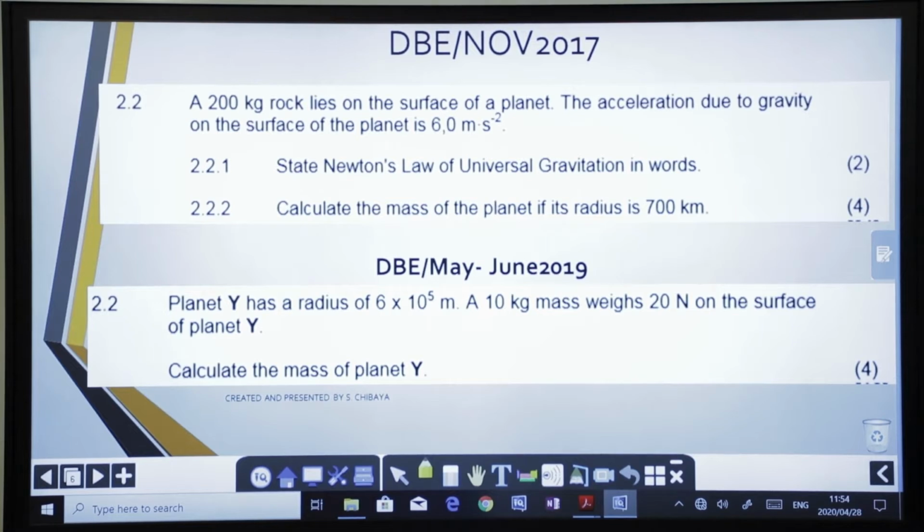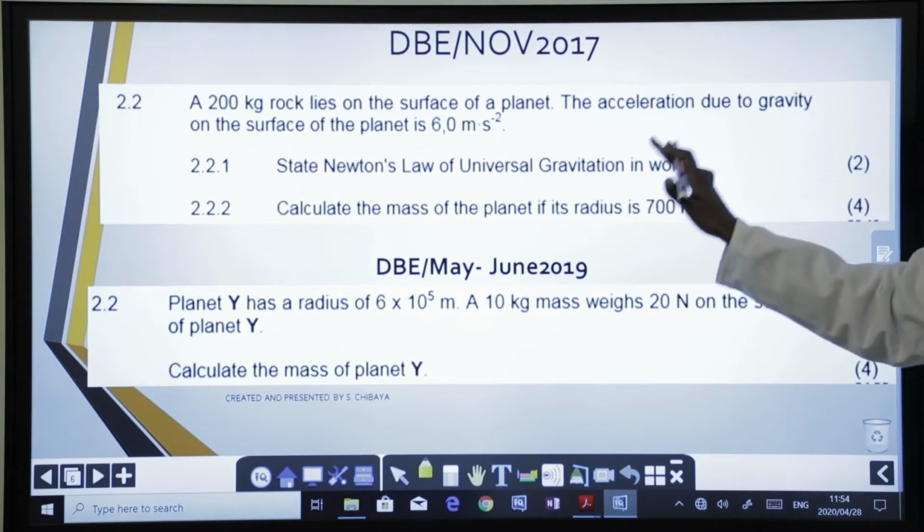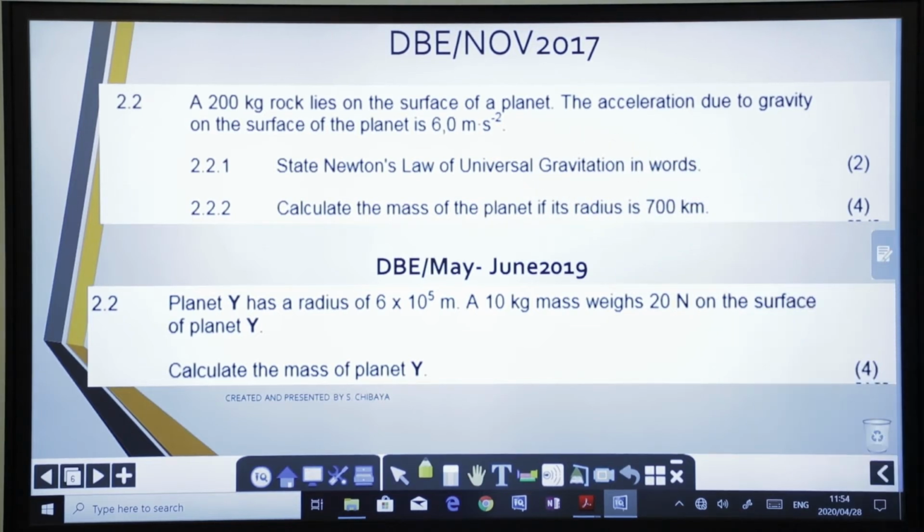The acceleration due to gravity on the surface is 6 meters per second squared. 2.2.1 of 2017 says, state the law of universal gravitation. Are we able to state it? Write it down. Think about it.